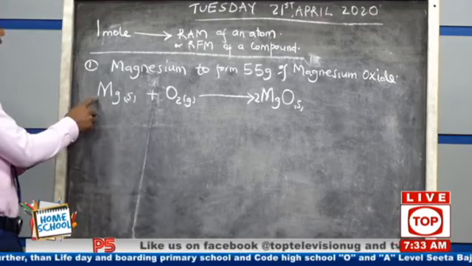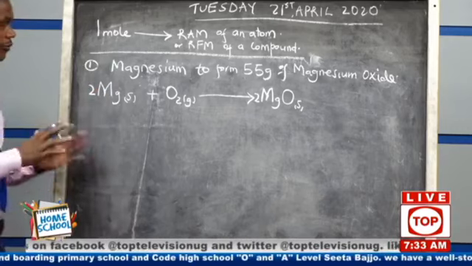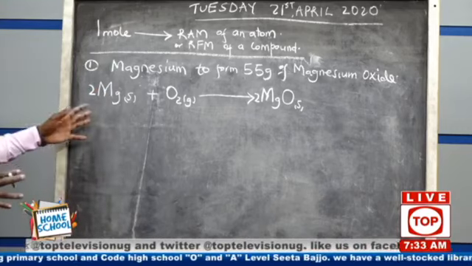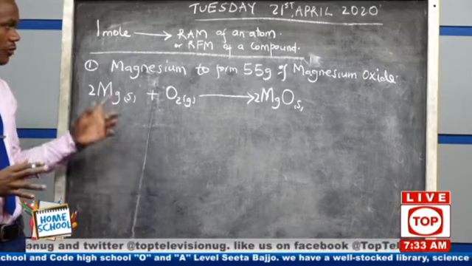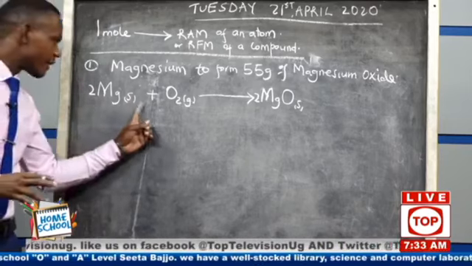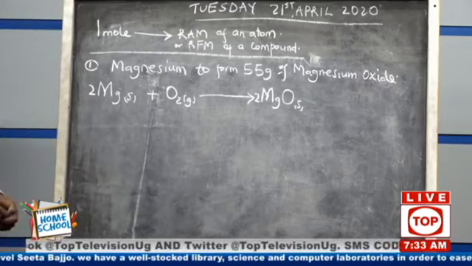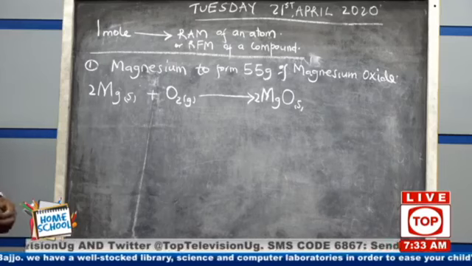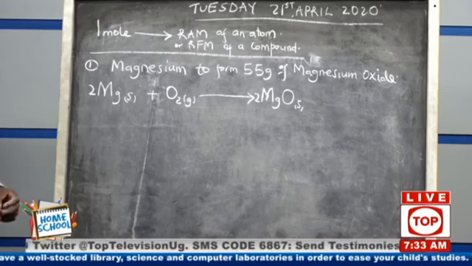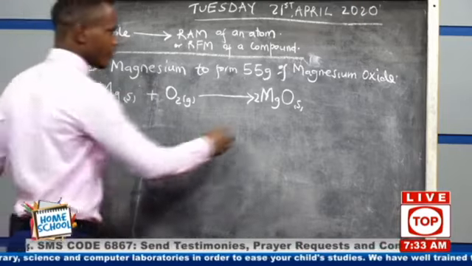We have just 1, so we put a 2 there. And our equation will be balanced. We shall call this one a stoichiometric equation, an equation having reactants and products well balanced. Are we together? This one is the stoichiometric equation. I need to write that word.